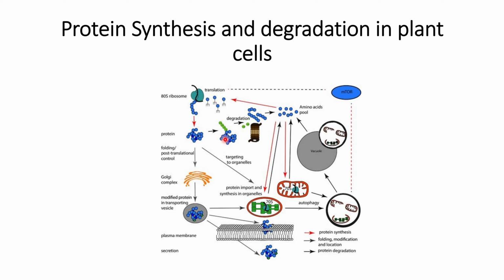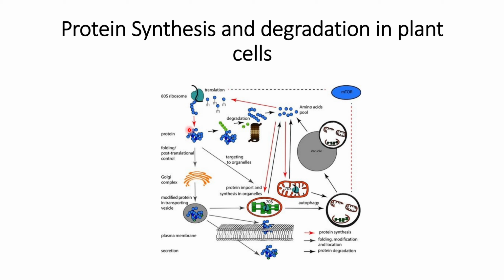This process is usually done by ubiquitination or proteasomal degradation. This is the proteasome and this is the ubiquitin, which will target them to move towards the proteasome for proteasomal degradation.